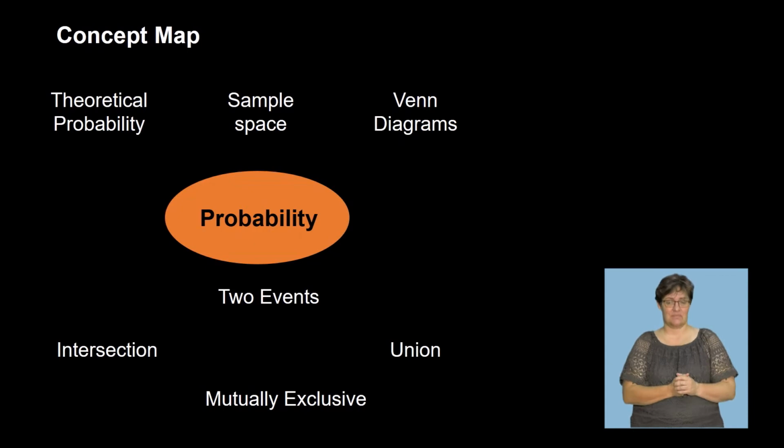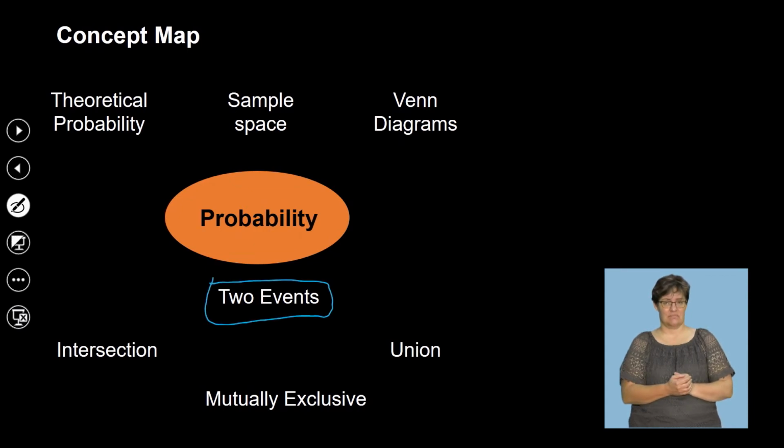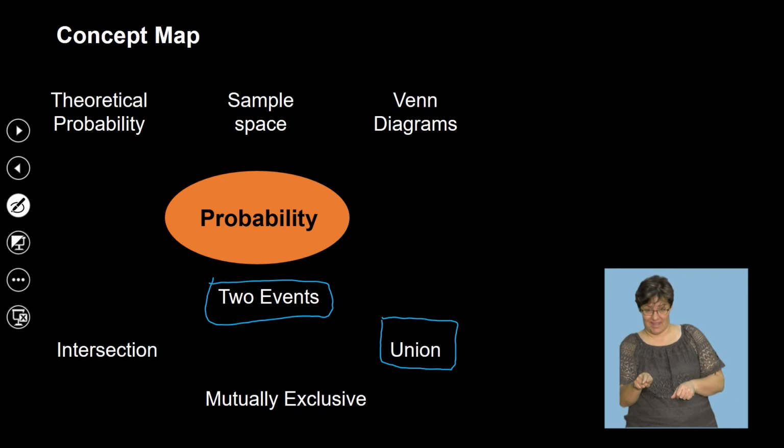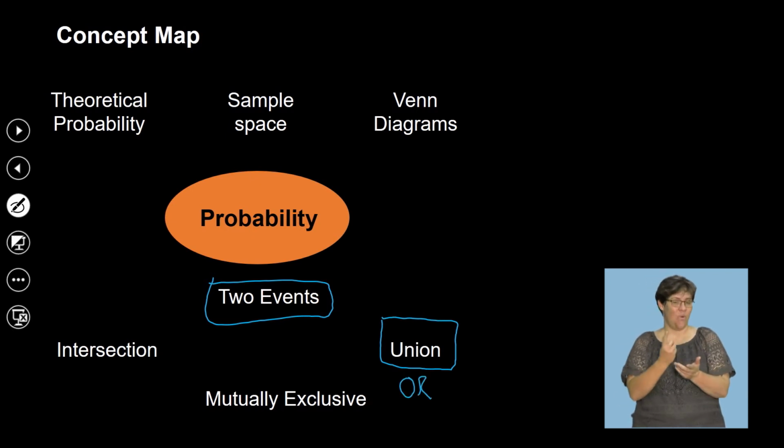We're dealing with two events, and we recognize that these two events can either be thought about as both of them together, in which case the winner might be found if they have an outcome in one of them or the other. So union is always referred to in terms of the word or.